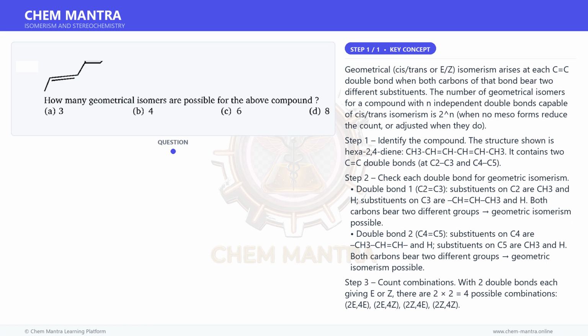This standard answer of 4, equal to 2^2, is the accepted result for 2 independent double bonds with no special symmetry reduction applied in this curriculum context.